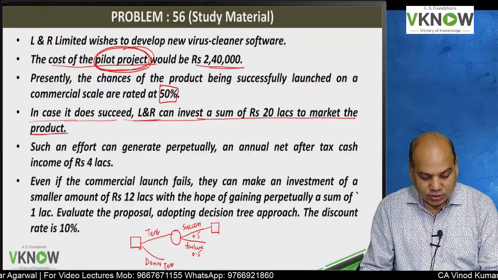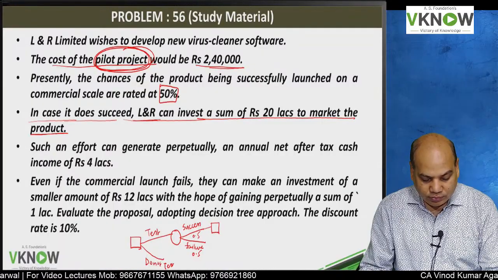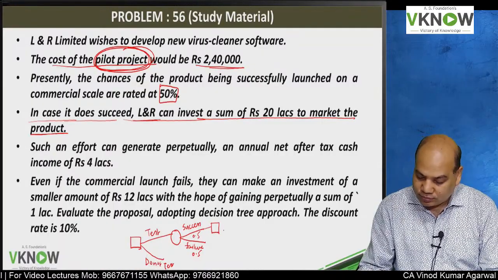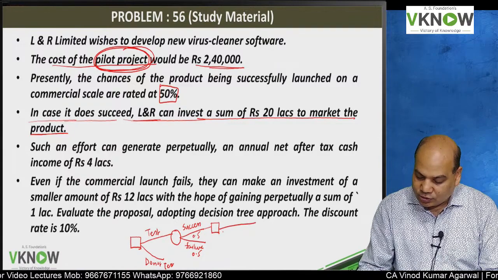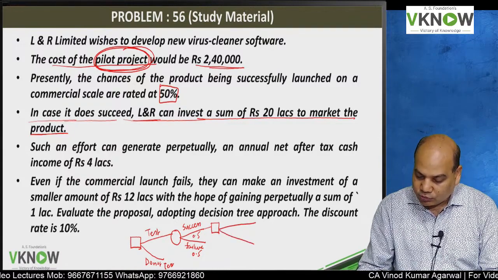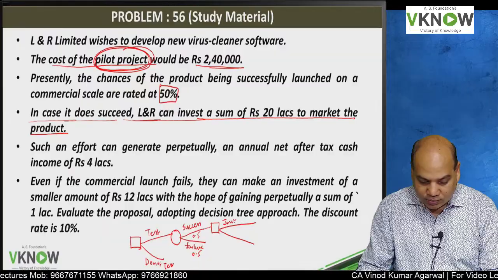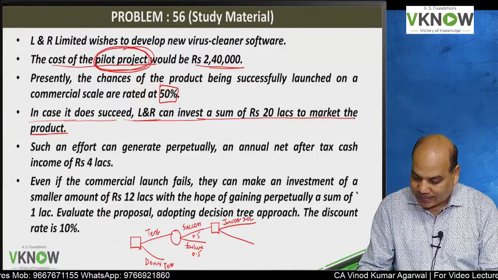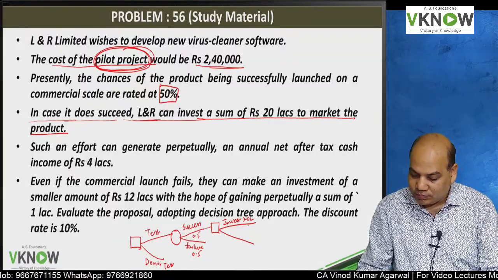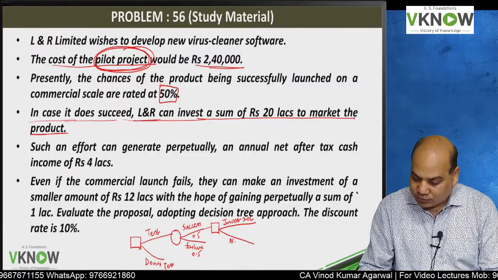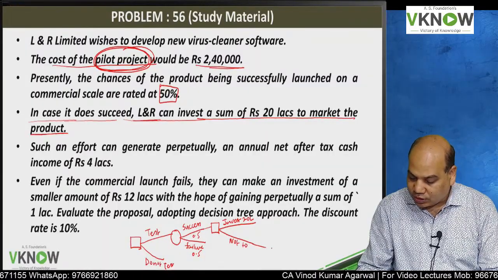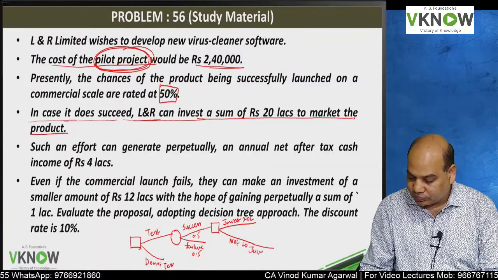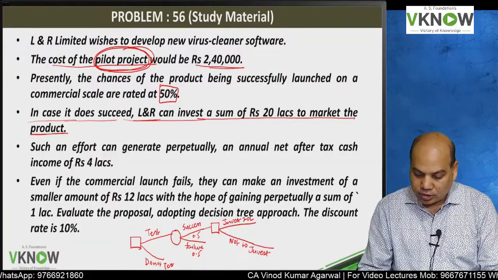If you get success, then again you have to make a decision. What is the decision you have to make? You have to invest 20 lakh, or the second option is not to invest 20 lakh.